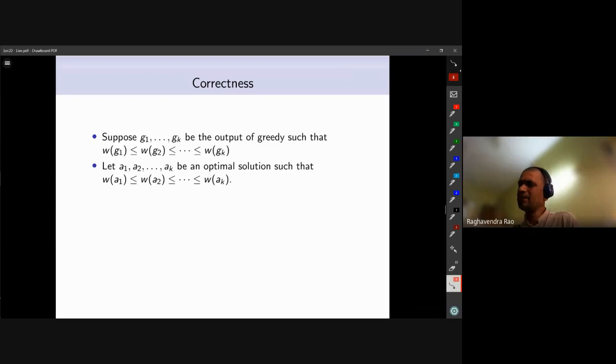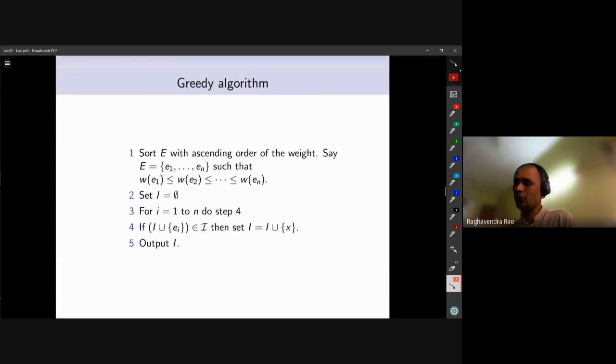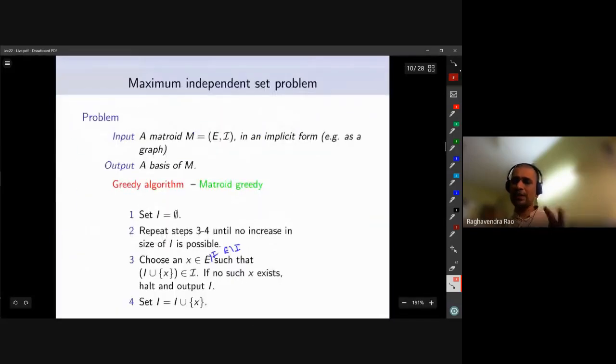Why is that? We didn't change the greedy algorithm, right? It's essentially the same greedy algorithm. The greedy algorithm that I have stated is essentially the same; all I did is choose an x of minimum weight. If I had just written here "of smallest weight among the ones which is possible," then that's it. Nothing else I did.